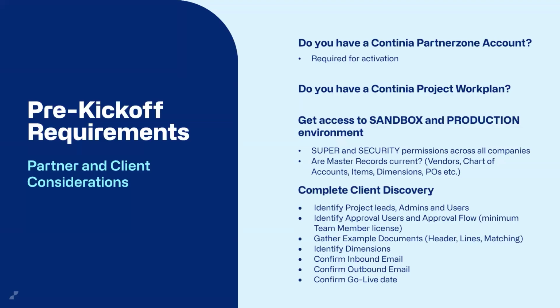We always suggest that when you get a new Continia project, that you're creating a current copy of your client's production environment, because we want to make sure that the master records are consistent between both environments. I'll touch a little bit about the reasons why as we move forward in the program, but the main reason is because Continia document capture uses a template-based system to capture information and to build Business Central transactions and data.